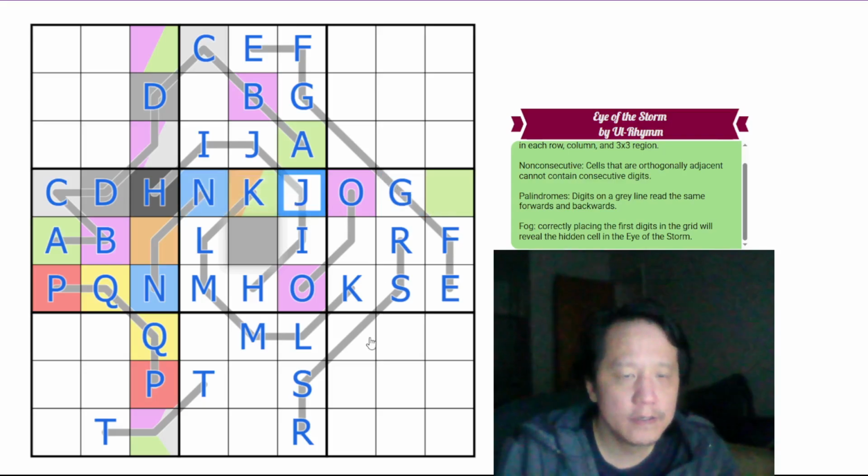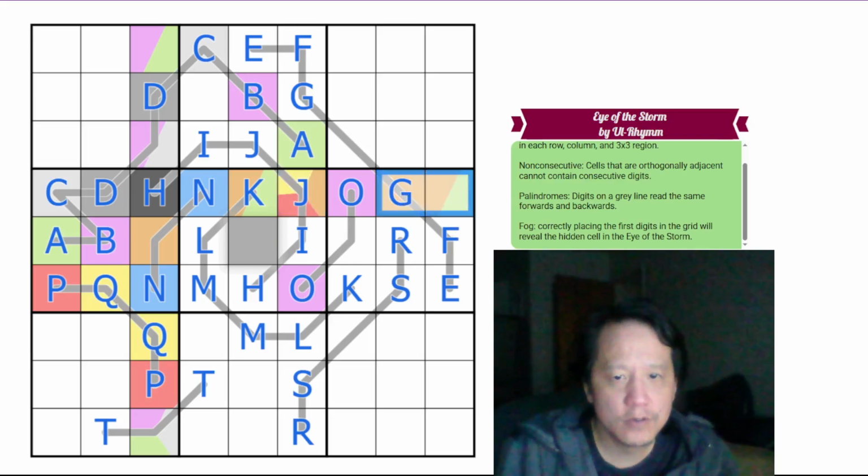Again, remaining colors in row 4: we have green already accounted for. Orange can be any of these. We have red, yellow, and blue. Blue's here, though. So it's red and yellow.